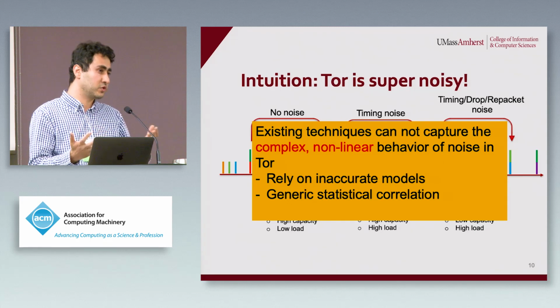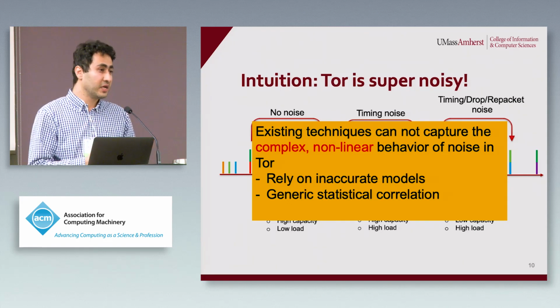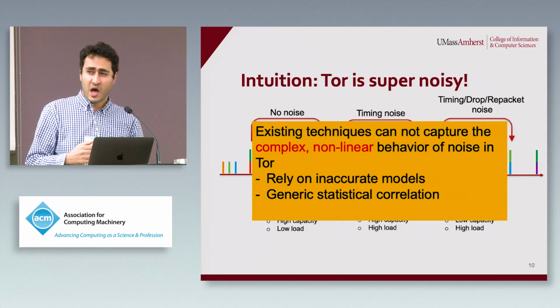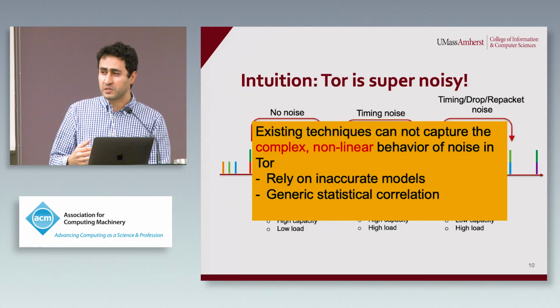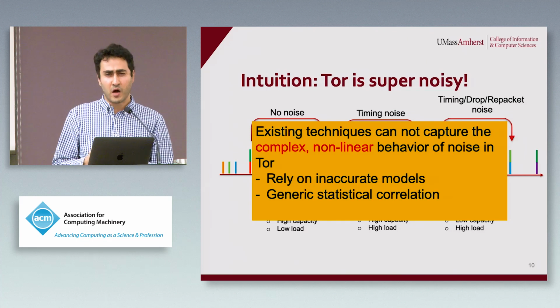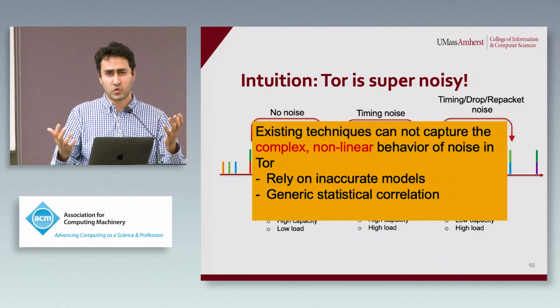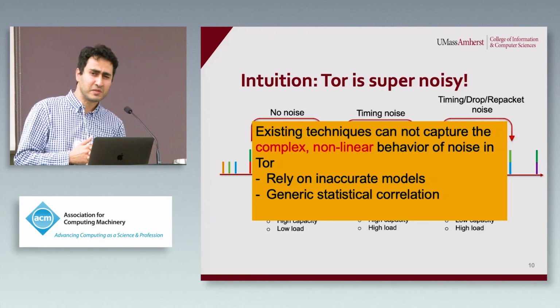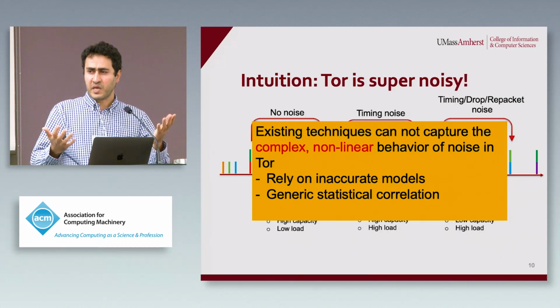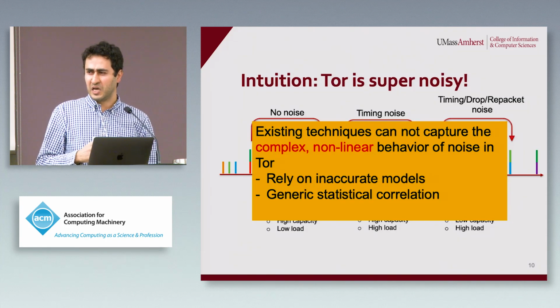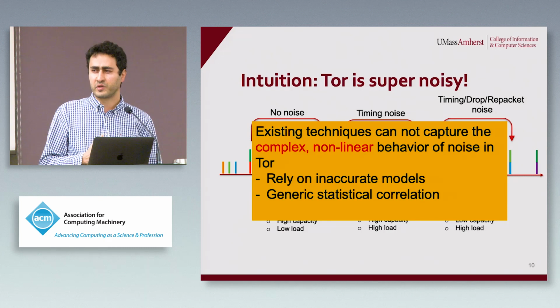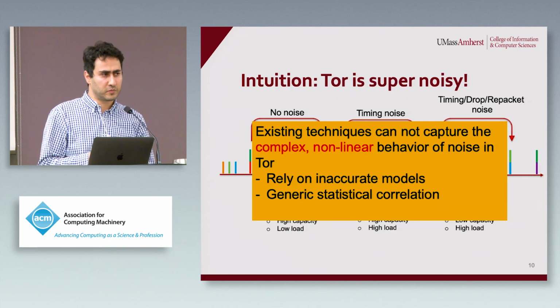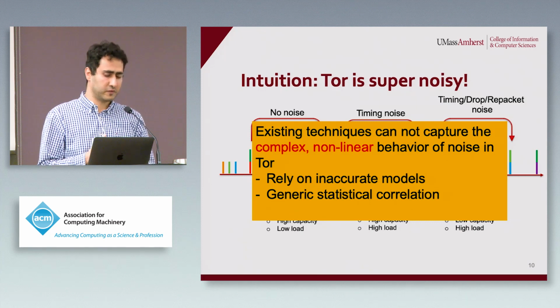That's presumably because most existing flow correlation designs either rely on making approximate and inaccurate models for how noise or latency works in Tor, and based on that they design some algorithms. Also, many of the systems just use generic statistical correlation algorithms that don't appear to work well for the case of Tor.